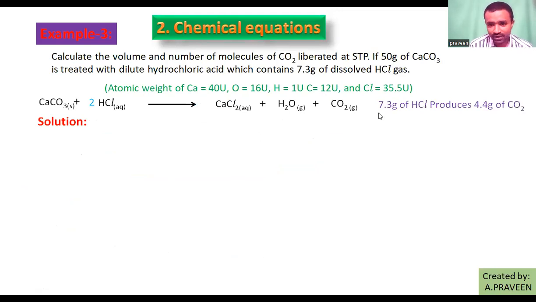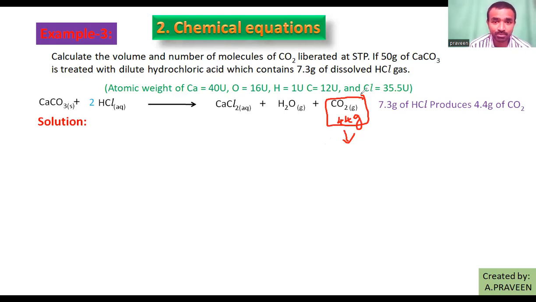So here we have solved that mass. So 7.3 grams of HCl produces 4.4 grams of carbon dioxide. According to your balanced equation, what mass is calculated here? 44 grams. So what is 44 grams? 1 mole or 2 moles? Or more than that?